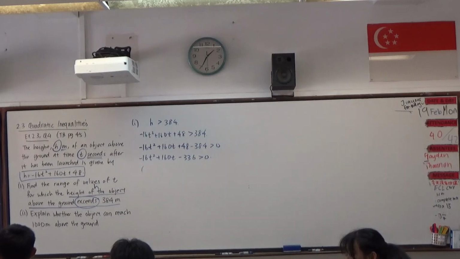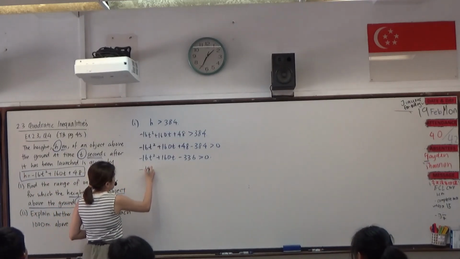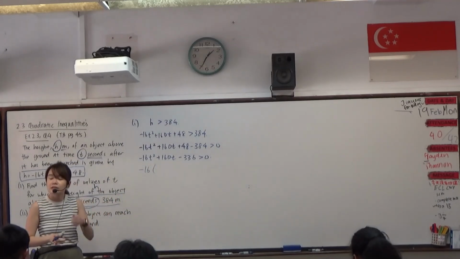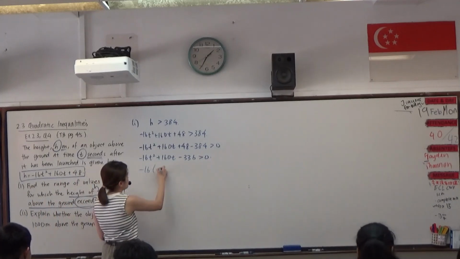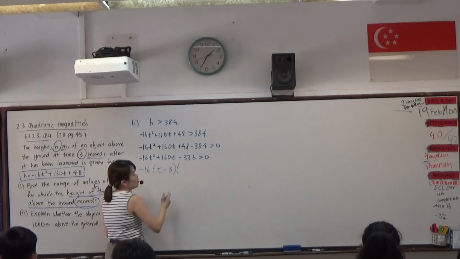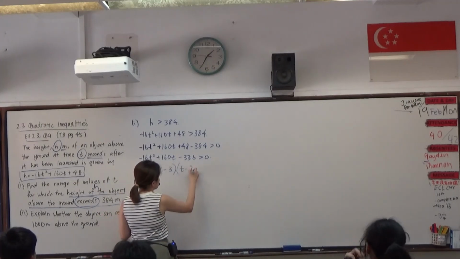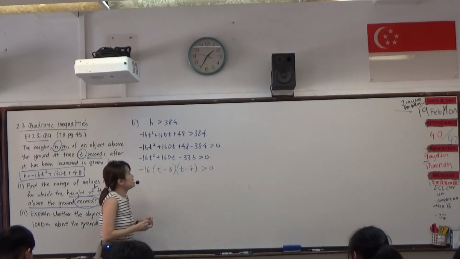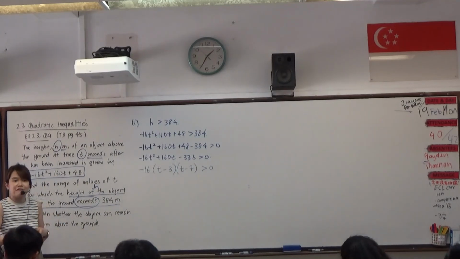You took out negative 16, then t minus 3, followed by t minus 7. So this is what Daryl got. Do we all have this, or does anyone have something different?